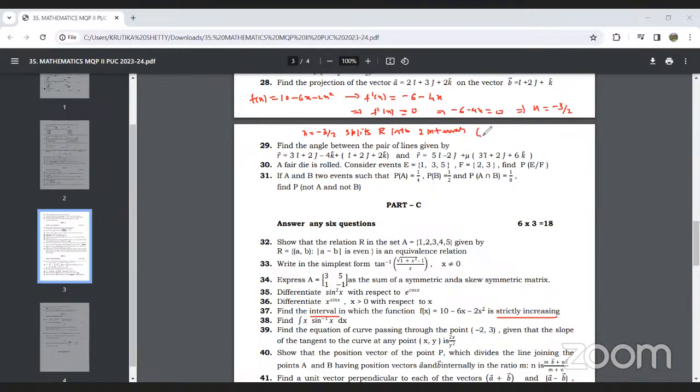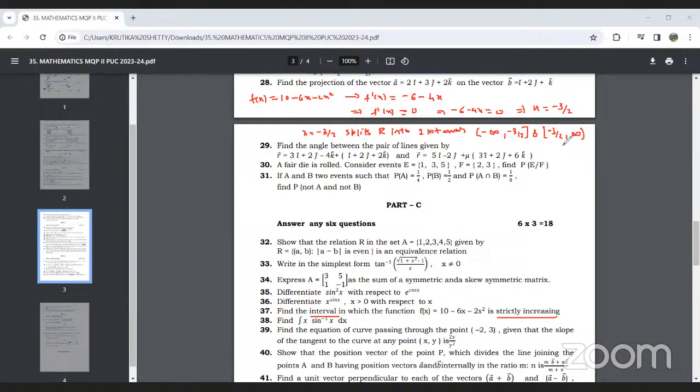The first interval will be minus infinity to minus 3 by 2, and then minus 3 by 2 to infinity. So we will be getting these two intervals.